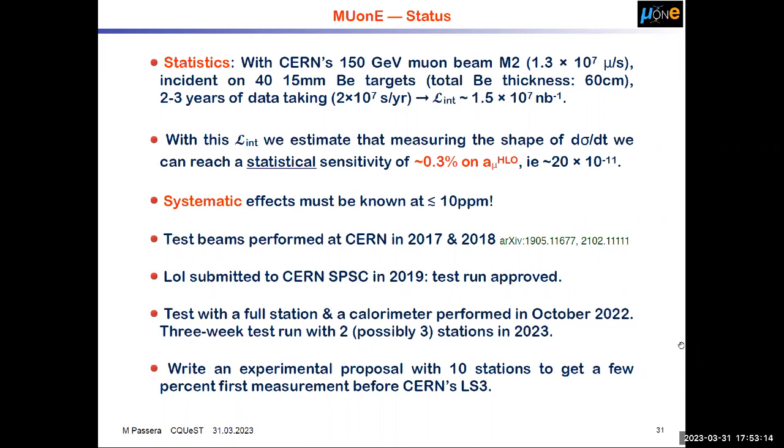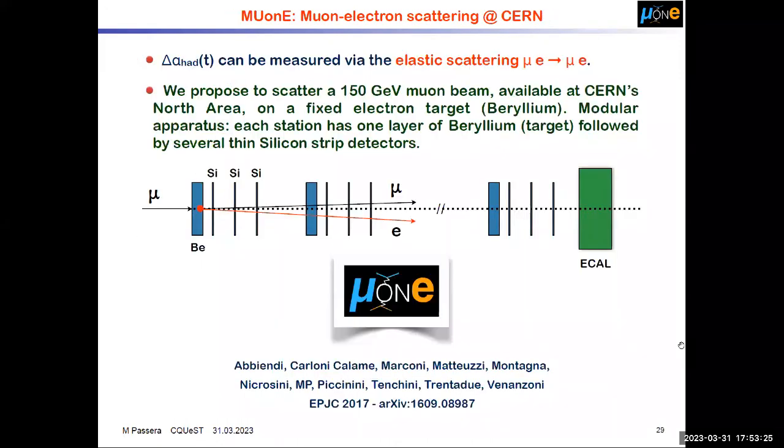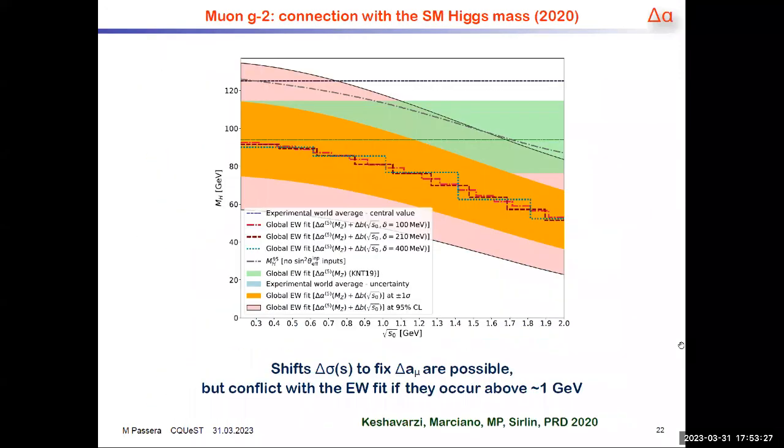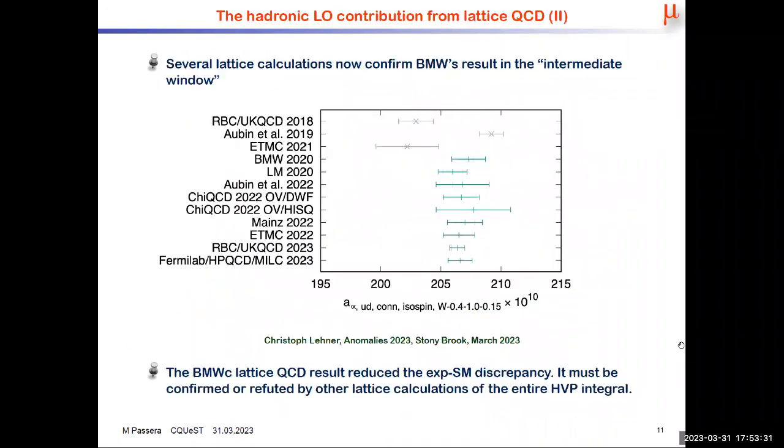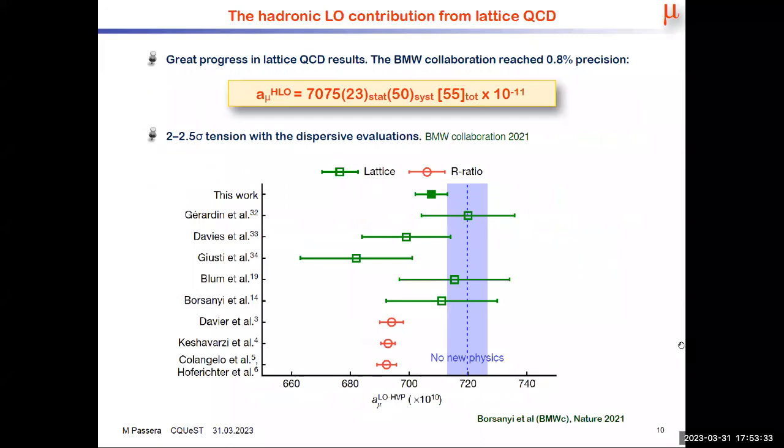If we manage to do that, then it's a matter of time, because then it's a matter of comparing with, for instance, yeah, look, I can show you. Let me go back to this. Probably this one is the most useful. Yes, here. This is 0.8%.